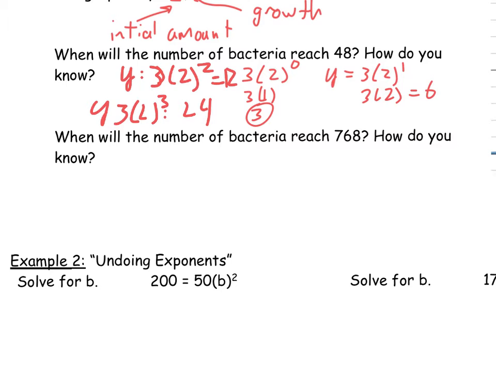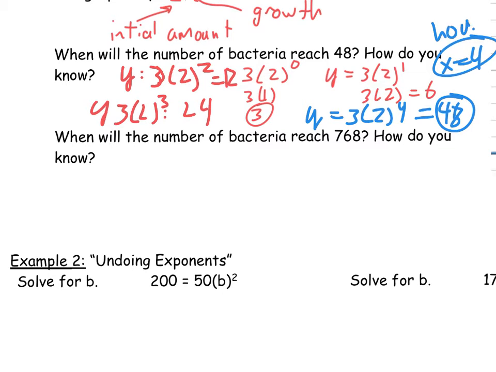And finally, I'll do it in blue here. We get y equals 3 times 2 to the fourth. 2 to the fourth is 16 on your calculator. 16 times 3 is 48. So it would be after 4 hours. You just got to keep plugging things in there until you get an answer.